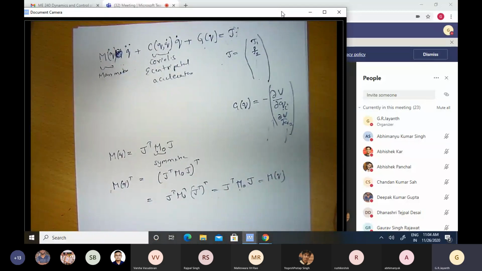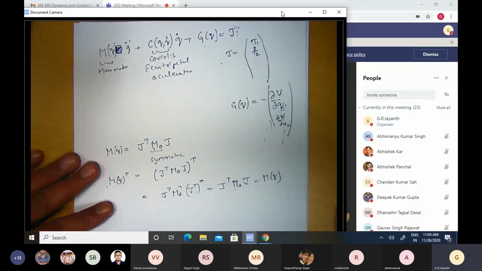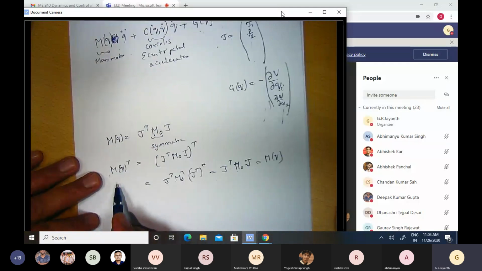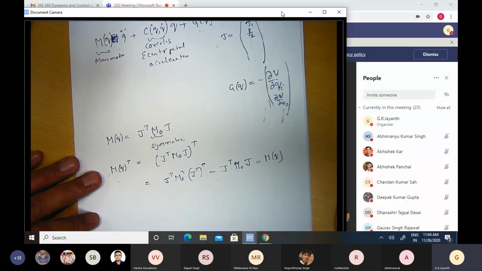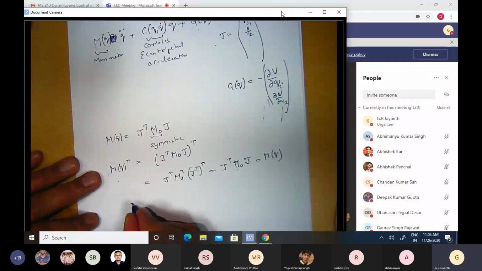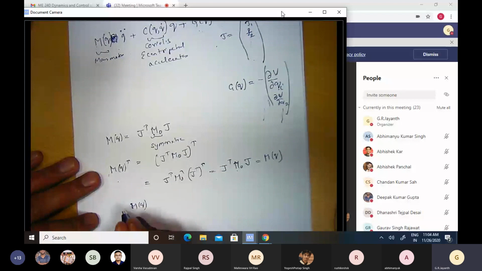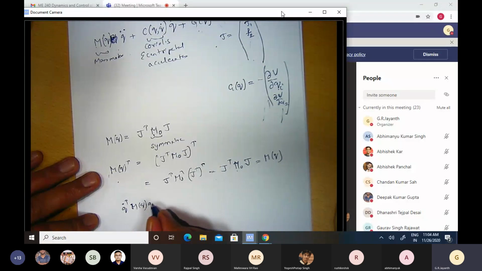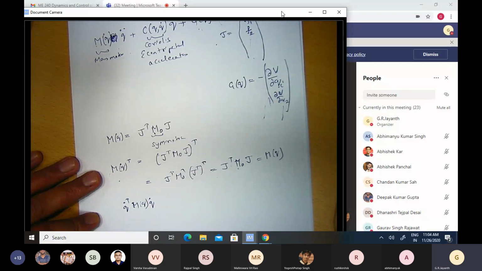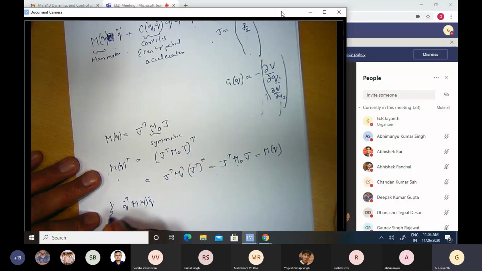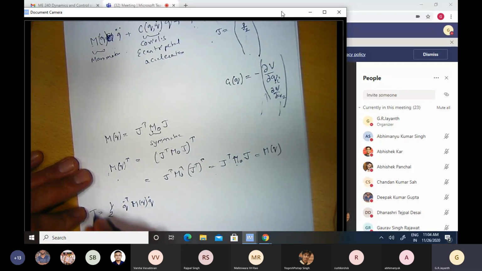Okay. Now it turns out also that the mass matrix is not only symmetric, it's also always invertible. It's never singular. The way you obtain that is by noting that the mass matrix multiplied with the joint velocities, or the rates of change of generalized coordinates, half of that is the kinetic energy.